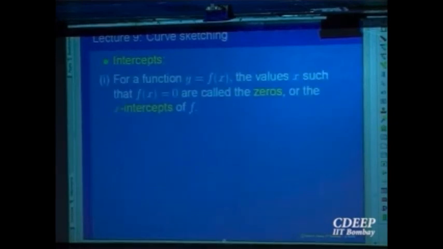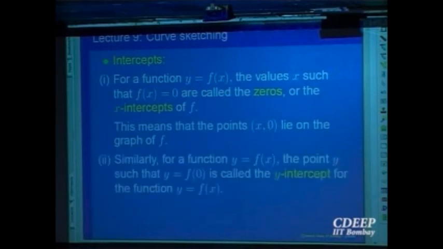Then there are other things to observe called intercepts. Intercepts are the points where the graph is going to cut the x-axis or y-axis, right? So when you put f of x is equal to 0, that gives you the points where the graph is going to cut the x-axis, right? Those are the x-intercepts. And similarly, the point x0 will be the point on the x-axis where the graph is going to pass.